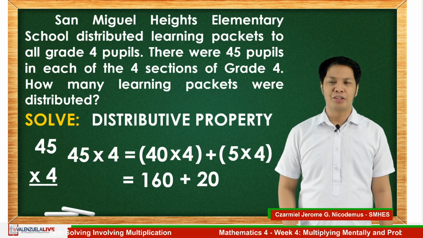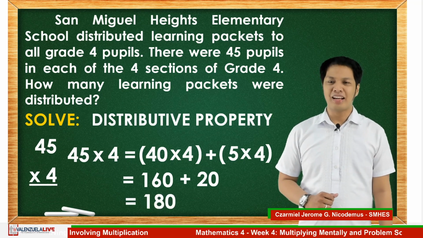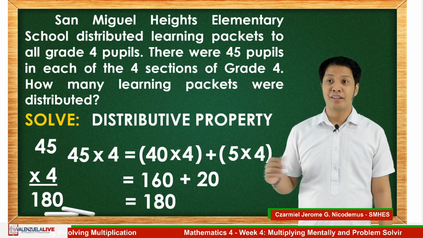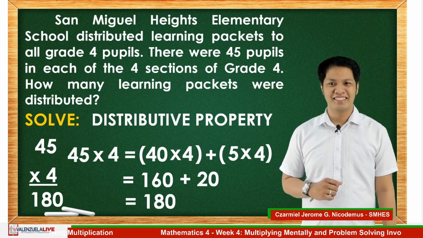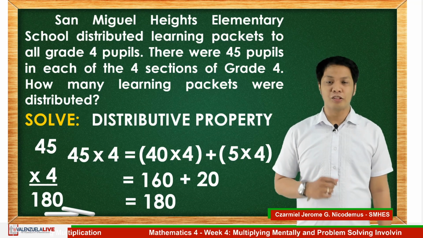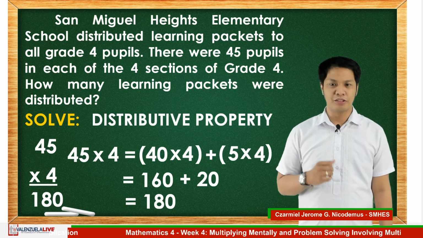Add them together. 160 plus 20 is equal to 180. Therefore, 45 times 4 is equal to 180. You can also try methods or techniques of your own as long as you got the right answer as fast as you can.